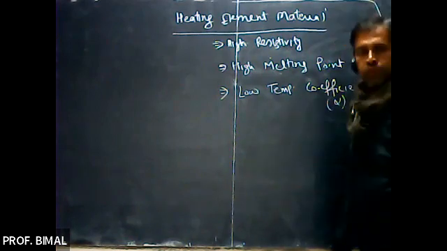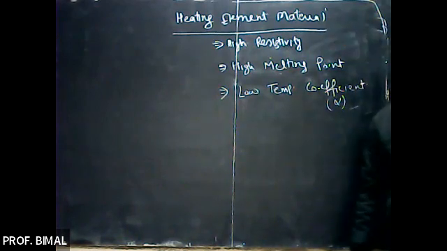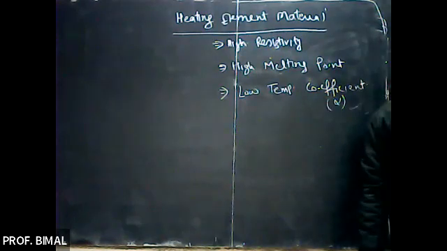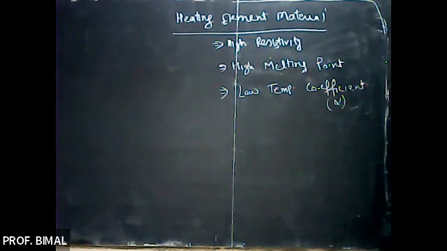Low temperature coefficient means low alpha. Whenever the value of alpha is high, that means with the change in temperature, the value of the resistance of that material will vary sharply.